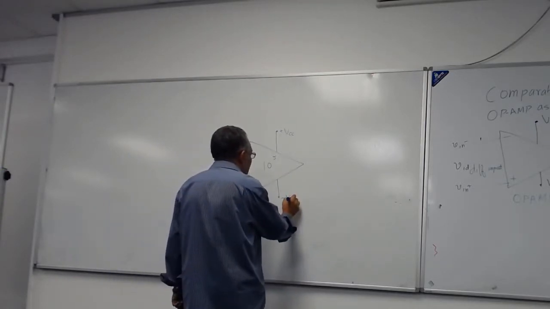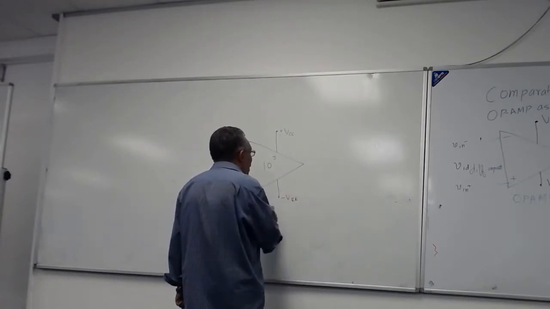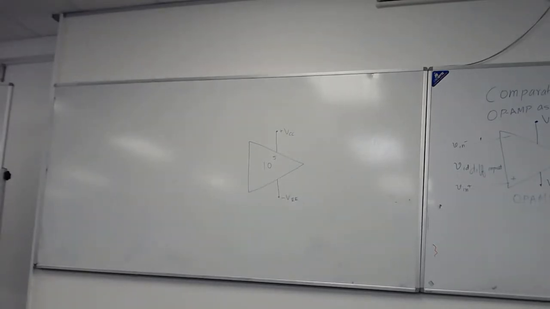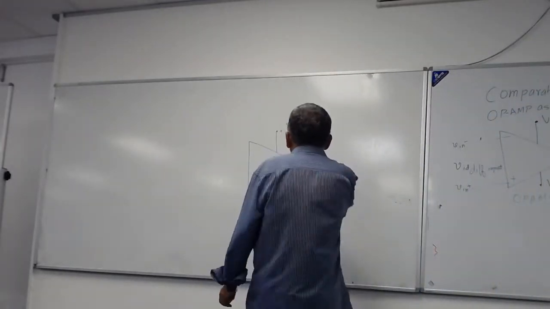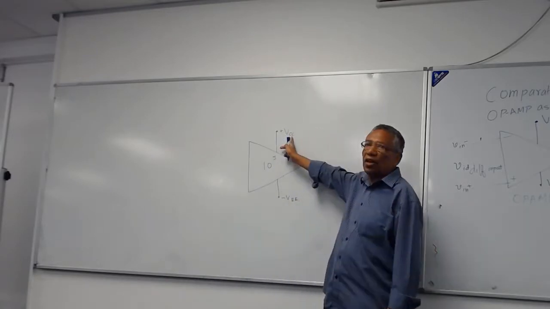Now you might wonder why I call it CC and why I call it EE. If you look at all the textbooks, one of them will be called VCC and the other one will be called VEE. Do you have any idea why it's called like that? It's okay if you don't. It is because C goes with the collector of a transistor and E goes with the emitter of a transistor.